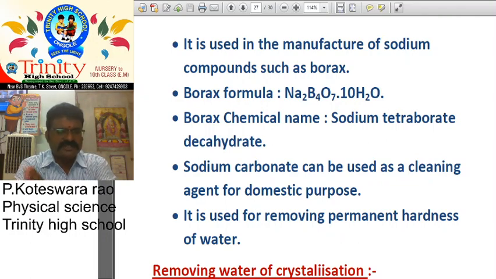Soft water doesn't contain these ions, or contains only a small portion. So it is used to remove the permanent hardness of water. We want to remove that hardness, so we use washing soda.